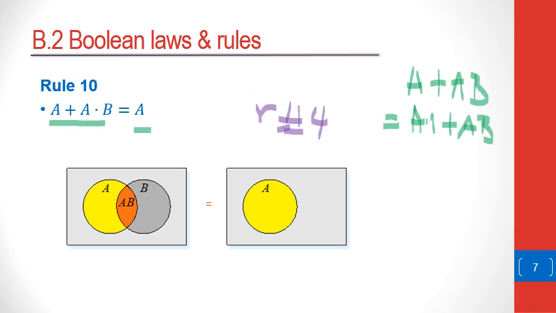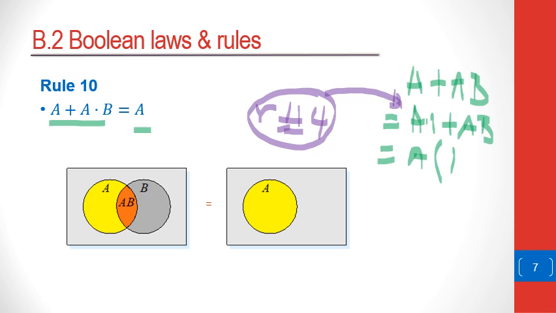Now, if we use the distributive law, we can have A, 1 or B. This is the distributive law, because we can distribute the common factor around the bracket.